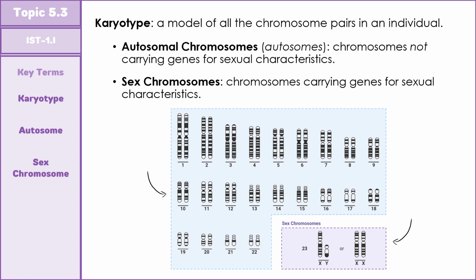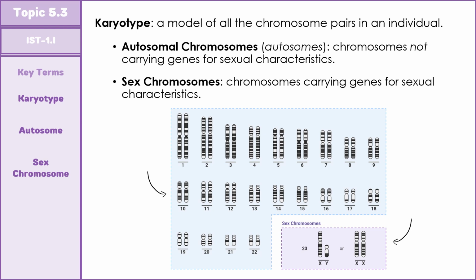A karyotype is essentially a model that shows all of the chromosome pairs in an individual. This, for example, is a haploid individual because we have one set of each of our chromosomes. There are karyotypes out there for diploid individuals as well, but we can differentiate between our chromosomes based on what types of genes they carry.